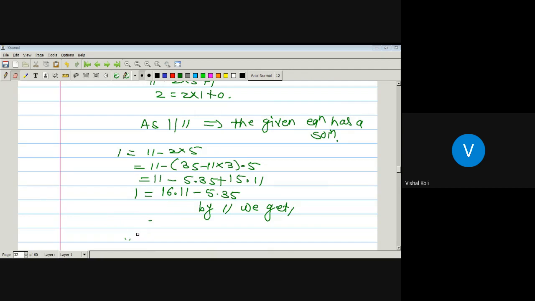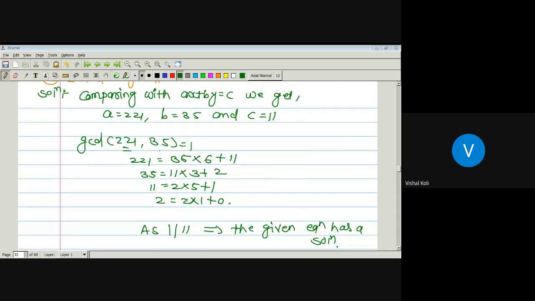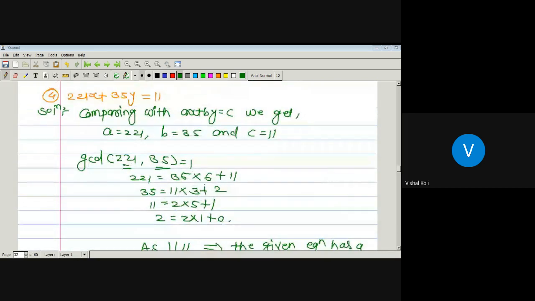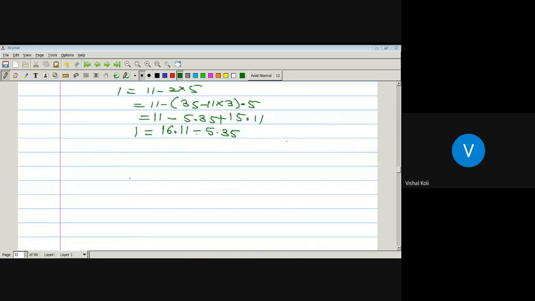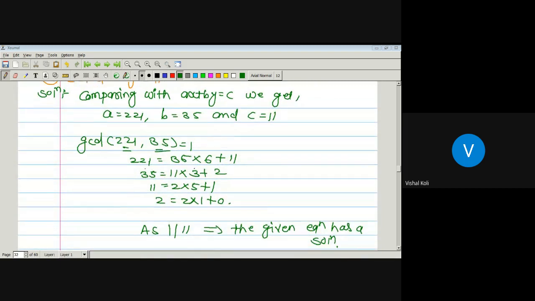Since we have expressed this 1 as a linear combination of 11 and 35, but we have to express this 1 as a linear combination of 221 and 35, so put the value of 11 also, then we will get the required value. What is the value of 11 now? 221 minus 35 into 6.